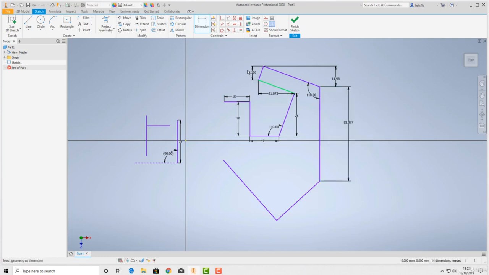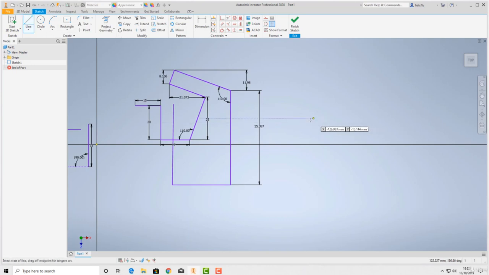Okay, but constraining, you can hopefully see that constraining something can be easier than dimensioning, because it might be you don't know what angle two lines are.